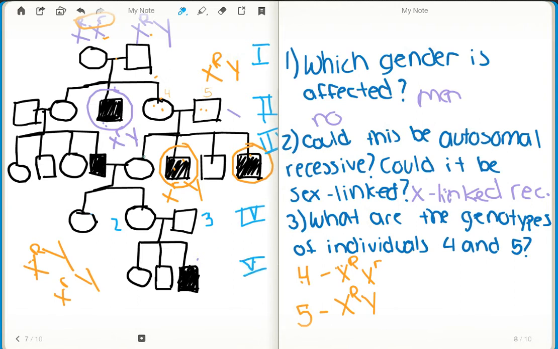We use Roman numerals to number the generations, and we number each individual from left to right in their generation. So this would be the 1st, 2nd, and 3rd. So we're just going to focus on these 2 individuals.